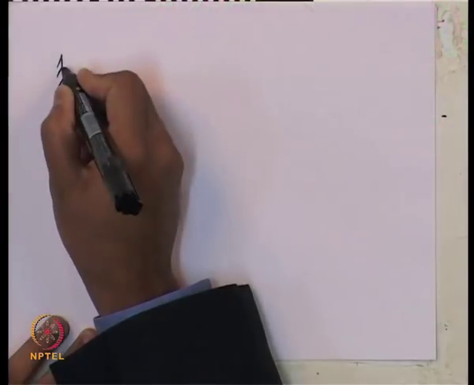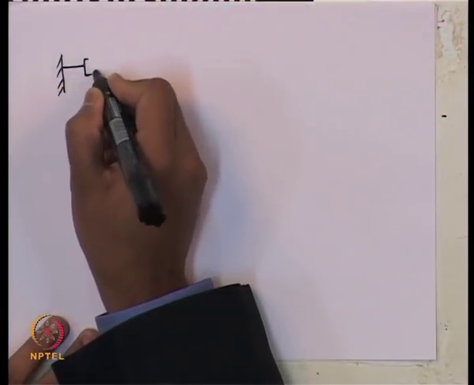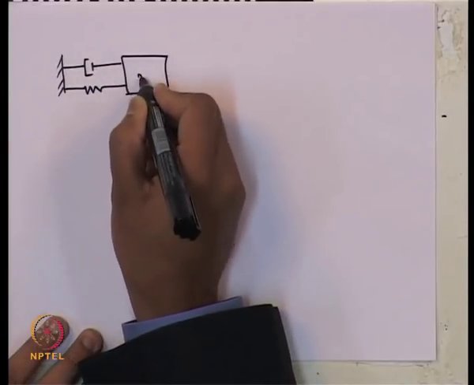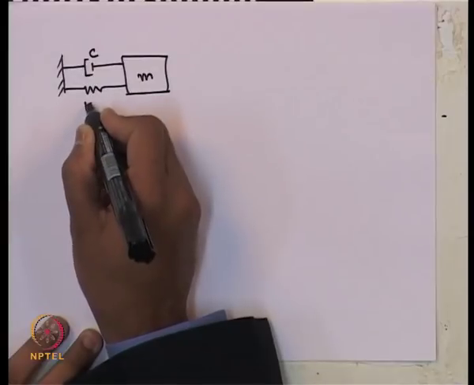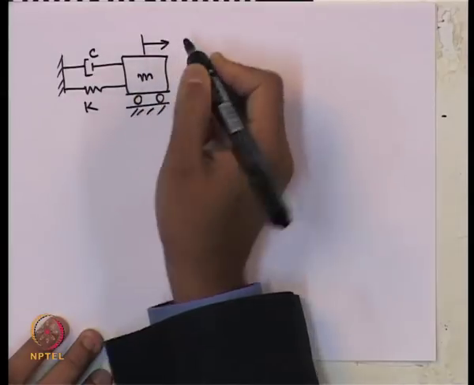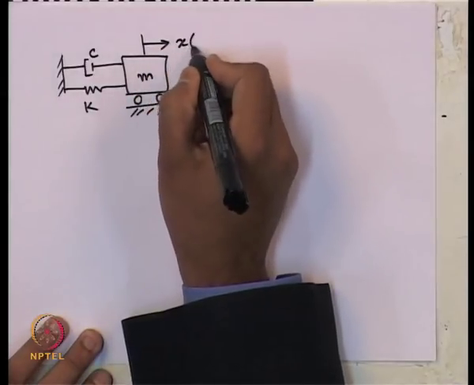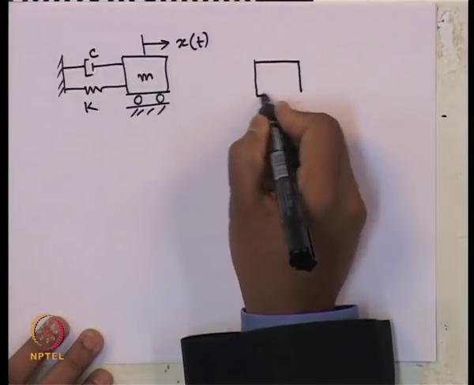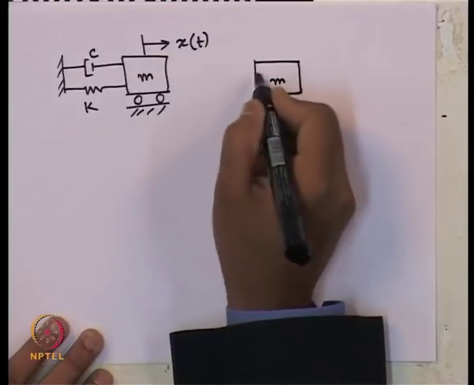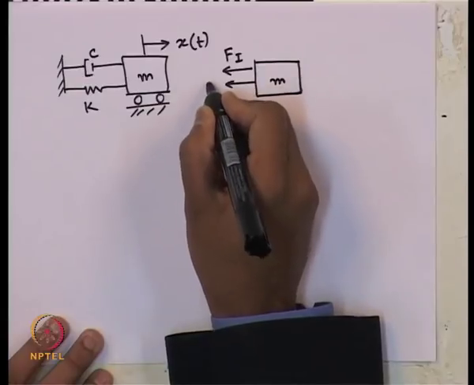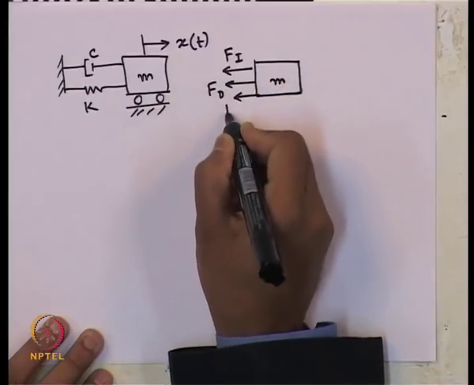Let me draw it once again, the basic single degree of freedom system we are discussing just now, with the free body diagram, c, k. x of t is the single degree of freedom. So, the mass we have f I, f d and f s.